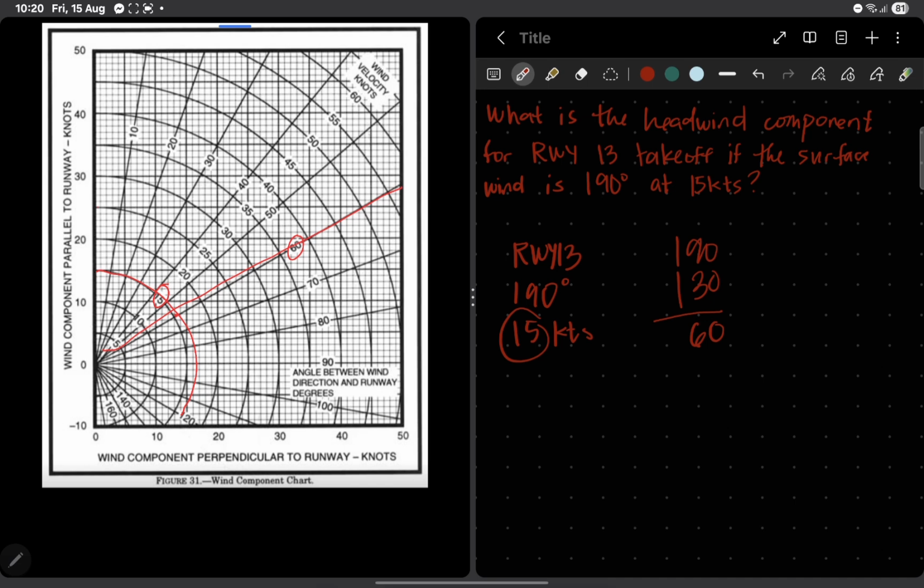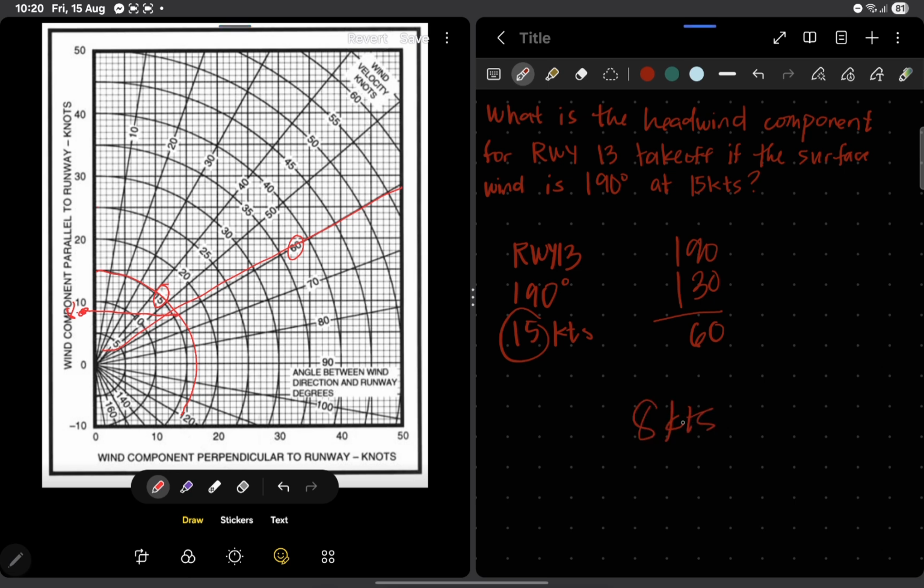They intersect right here, and since you're looking for headwind, you look at this specific area. So we are at around 8 knots. That will be our answer: 8 knots of headwind component.